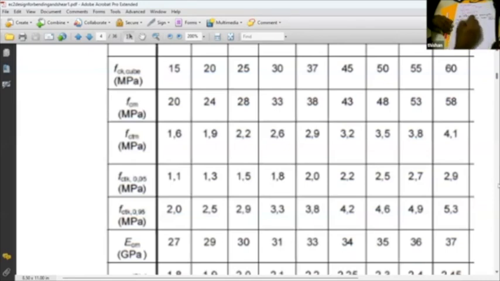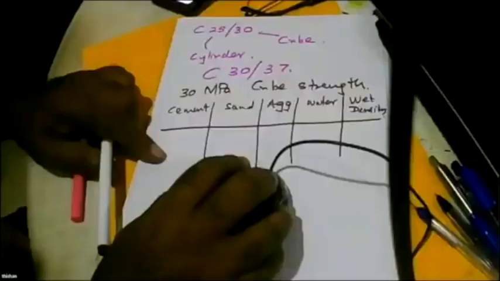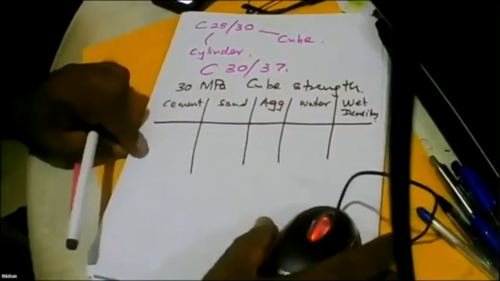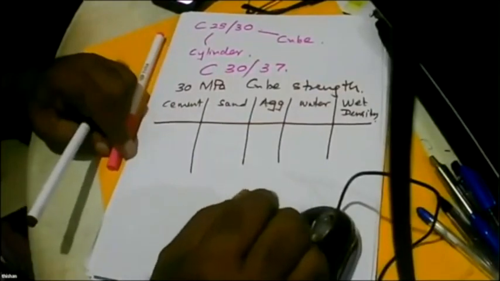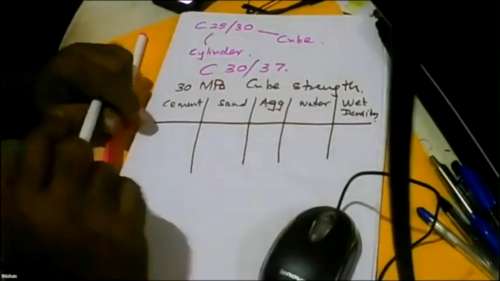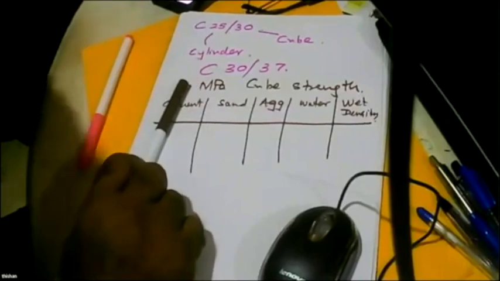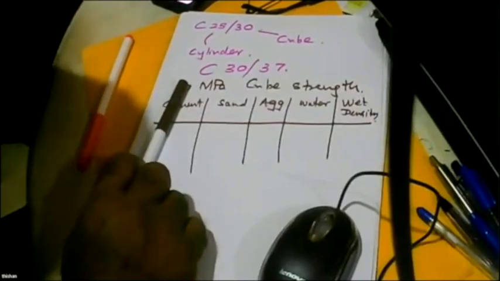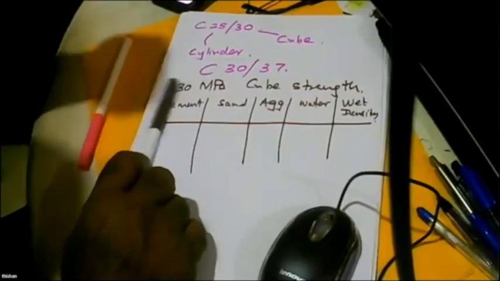Like all of you, I also used the DOE method, and we used to get a lot of consultancy work from various organizations asking us to recommend the proper mix.